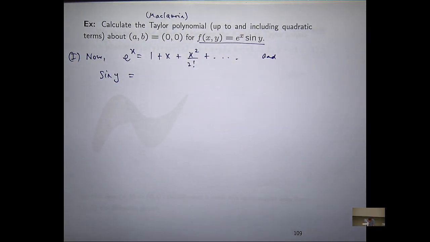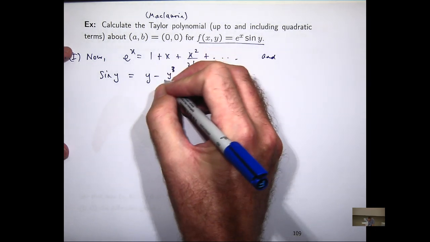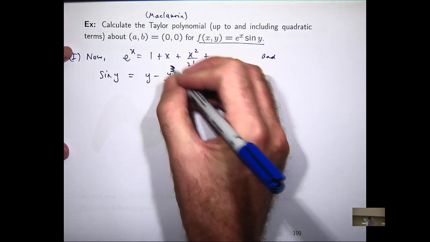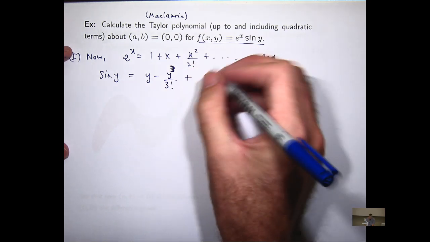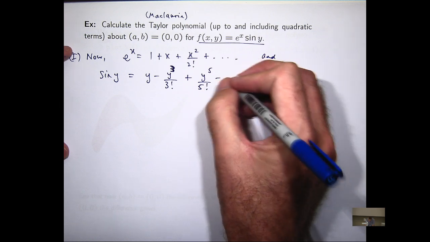Sin y is something like y minus y cubed on 3 factorial plus y to the 5th on 5 factorial minus and so on.